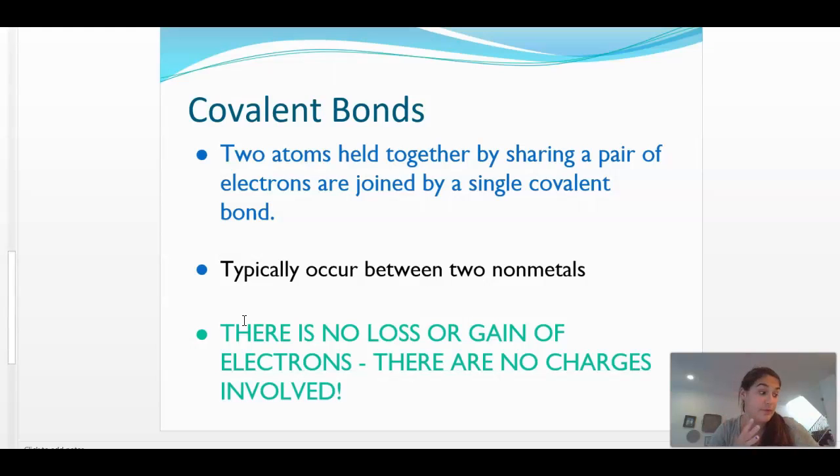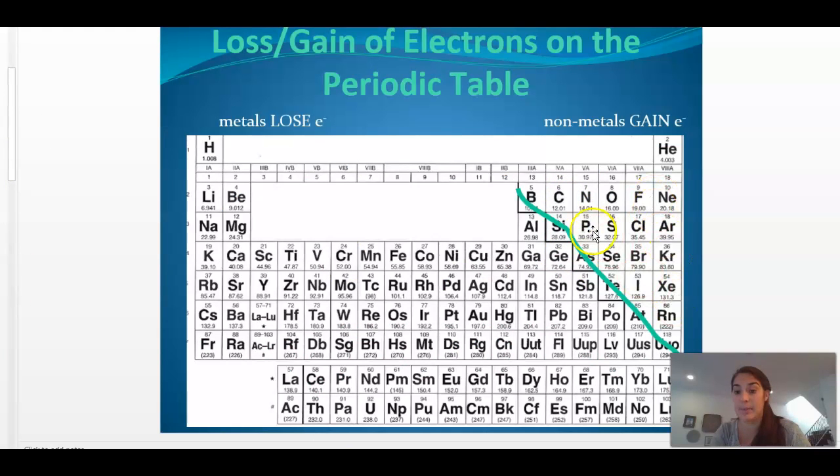If you're not losing an electron, your charge doesn't change, and if you're not gaining one, it doesn't change either. You're simply sharing them to make that happy octet happen. The key part is that this typically occurs between two nonmetals. As a recap, we're talking about the upper little triangle of the periodic table when we're talking about covalent bonds.